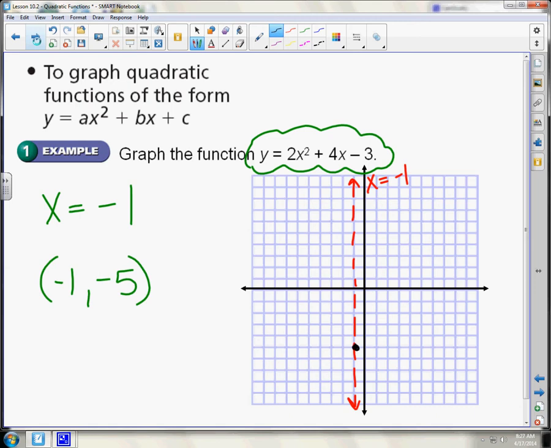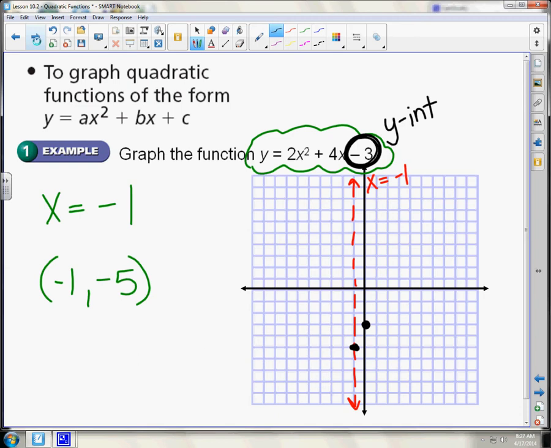So there's my vertex. Now, there's a couple more things that you need to do. Well, I can't graph a parabola with one point, so I have to look back at my equation and look at the y-intercept. That is going to be your second point. So on my y, my second point is negative 3, which is right here.